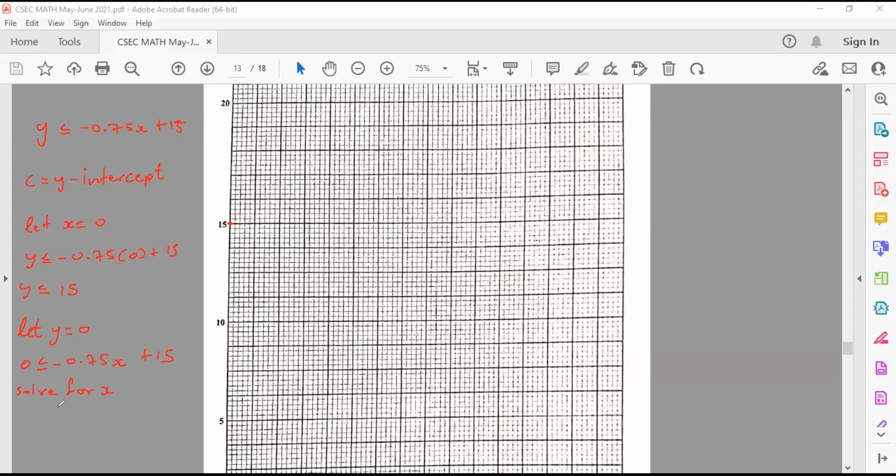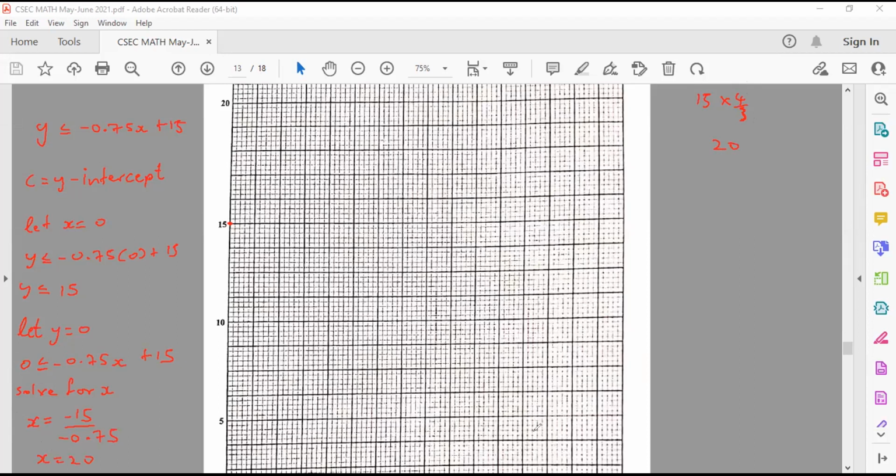We would get that x is equal to negative 15 over negative 0.75. Quick working out, 15 over 0.75 is also 15 times 4 over 3, which is equal to 20, right? So at y equal to 0, x is equal to 20.